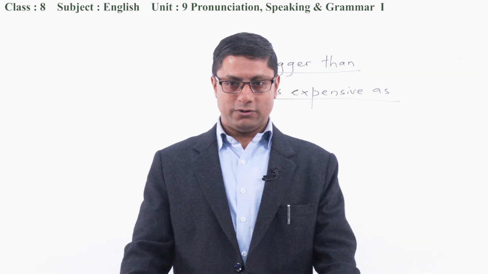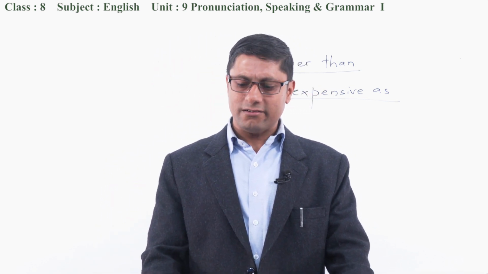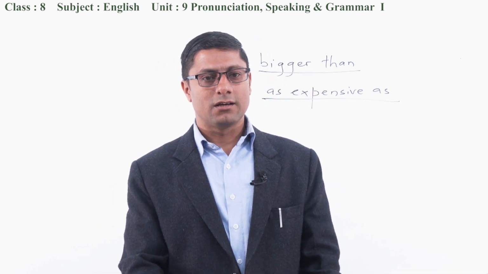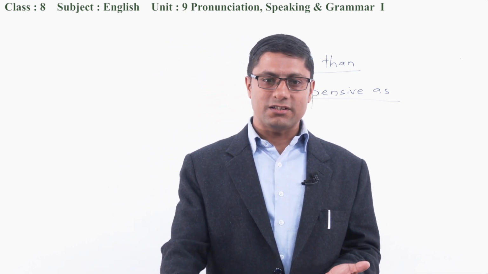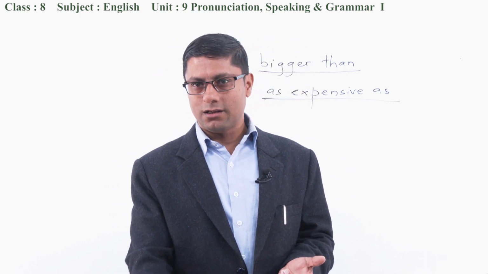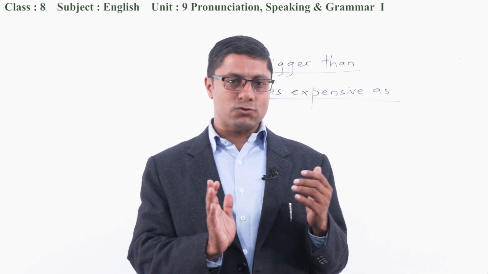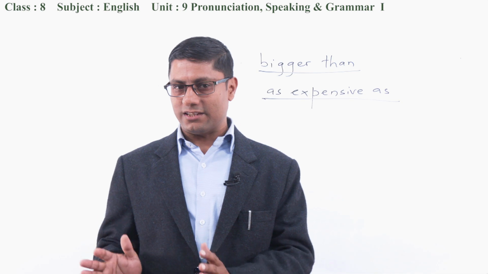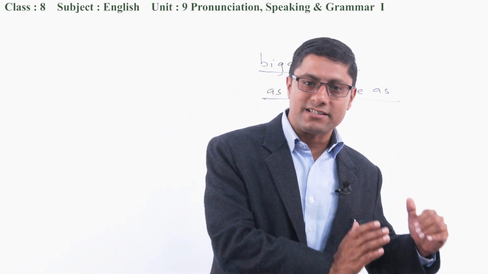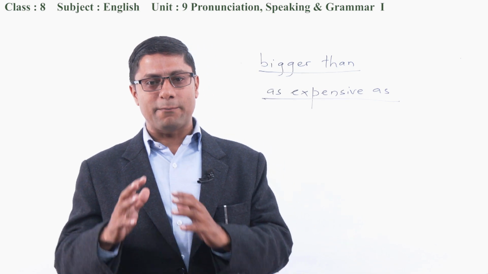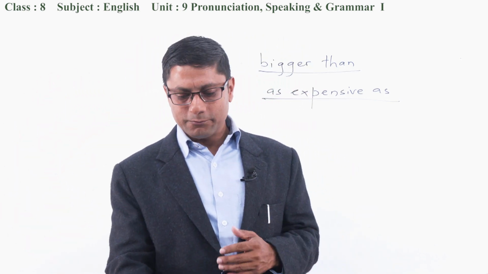Now we are almost at the end of this lesson. So let's recall what we have done today. We learned the pronunciation of different college related words. Similarly, we made comparison between two and among more than two things. And remember, when we compare between two things, we use comparative degree. And when we compare among different things, we use the superlative degree.